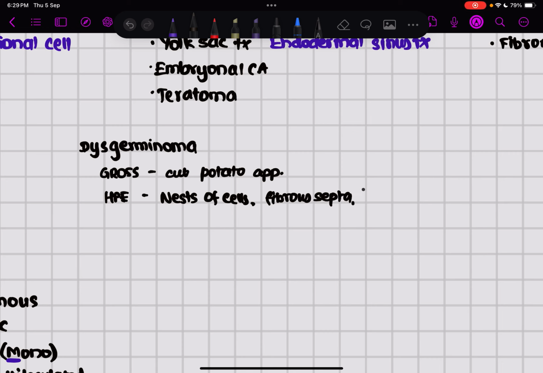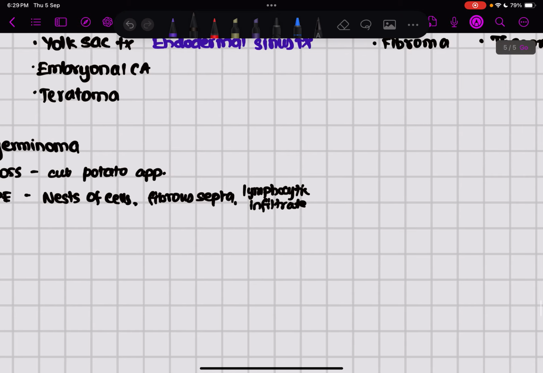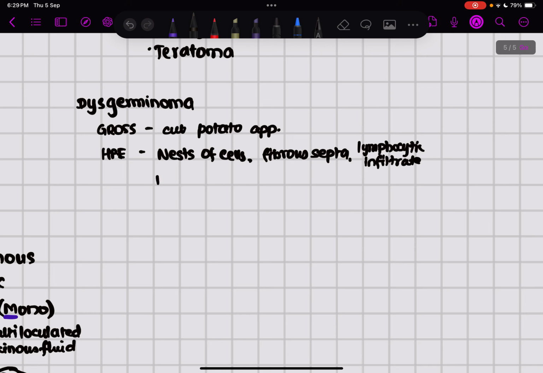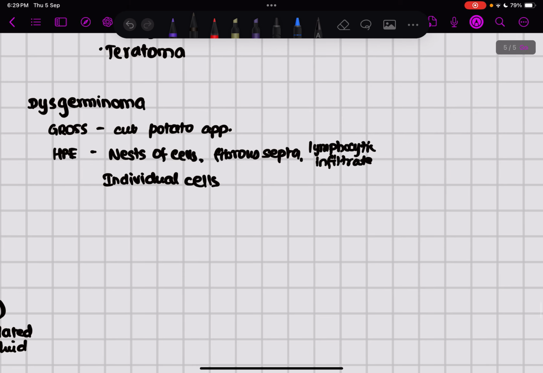Septa has lymphocytic infiltrate. And the individual cells give central nuclei with perinuclear clearing.